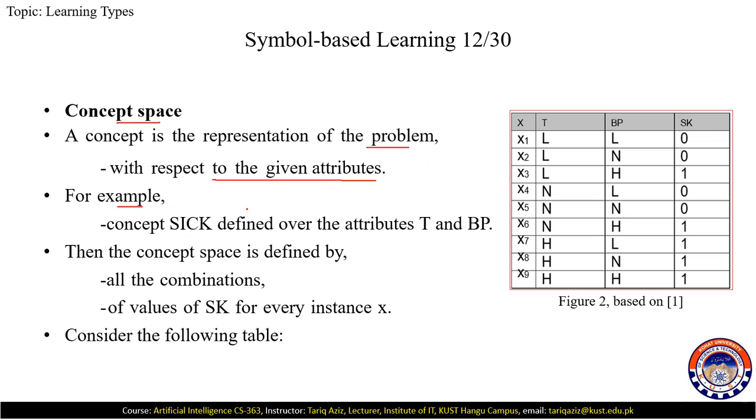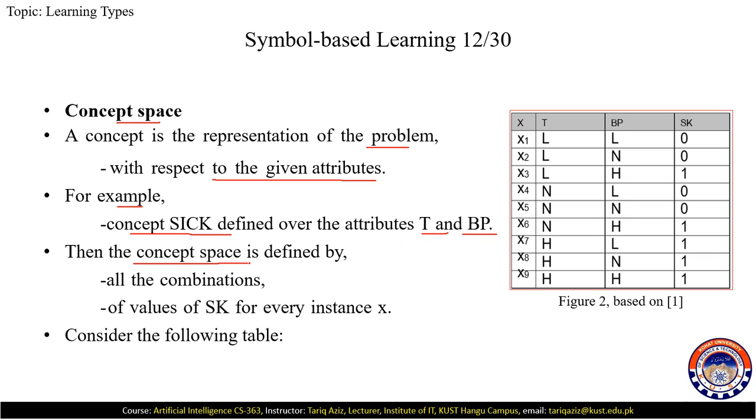So this is the basic understanding of a concept. Now, dear students, here it says, for example, concept sick defined over the attributes T and BP. So we have two attributes, temperature and blood pressure, and now we want to define our concept sick on the basis of these two attributes.